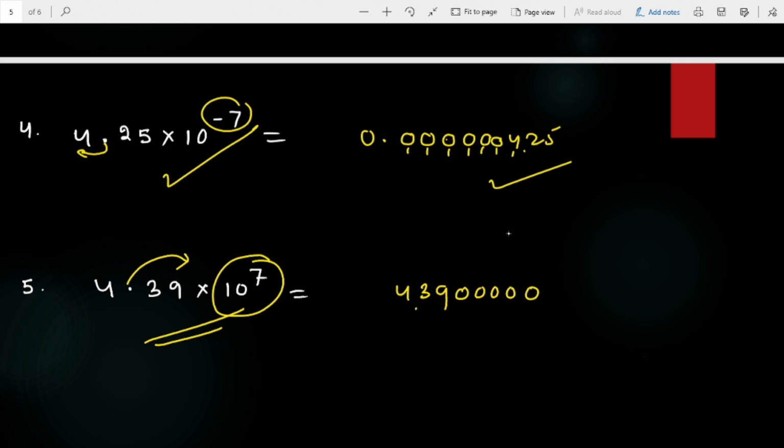Yes, now the decimal is here, because we know that for any positive number, the decimal is after the number. So now the decimal position is here. So count 1 2 3 4 5 6 7. Now the answer is correct. So the answer is 43950. Okay, so completed.